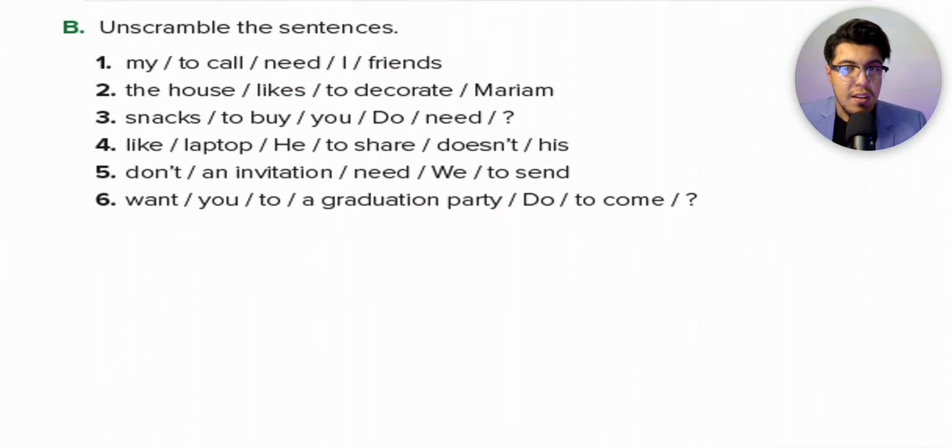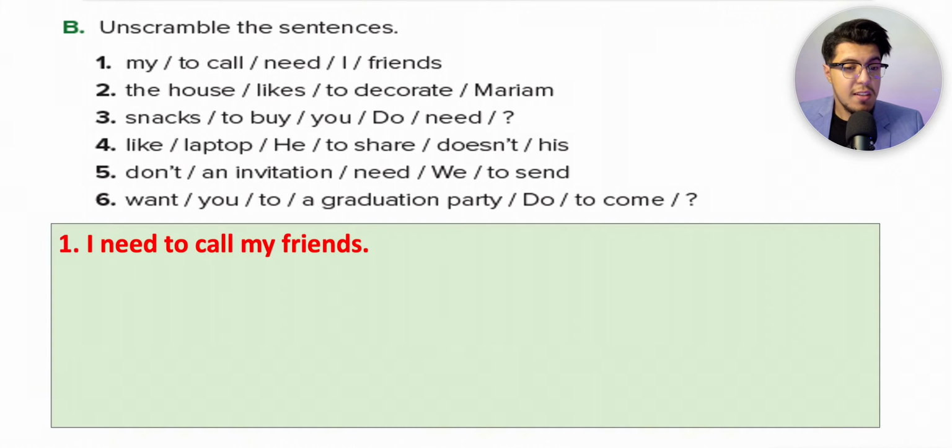Now that everything is clear, let's have some practice. I want you to reorder the sentences in order to make meaningful questions and answers. You can pause the video and answer them by yourself. And these are the answers. First sentence, I need to call my friends.